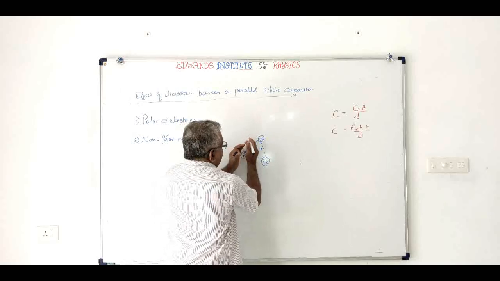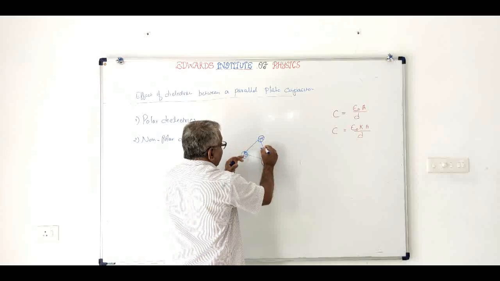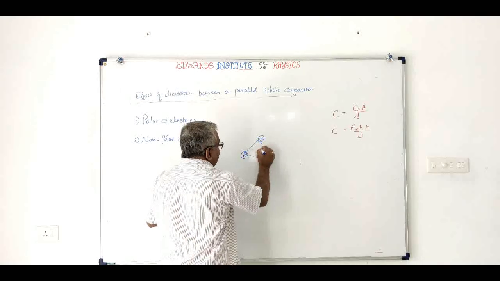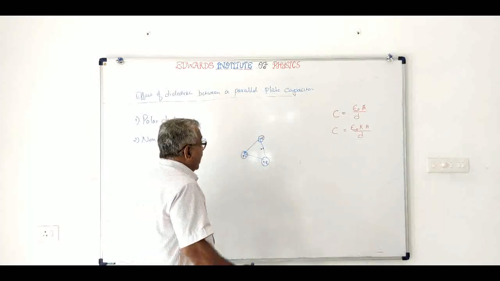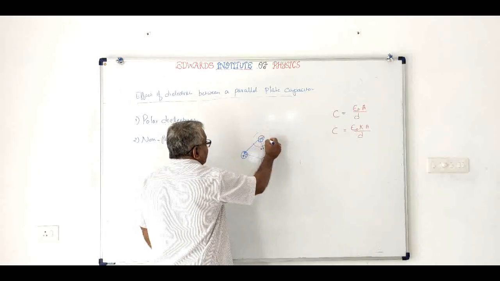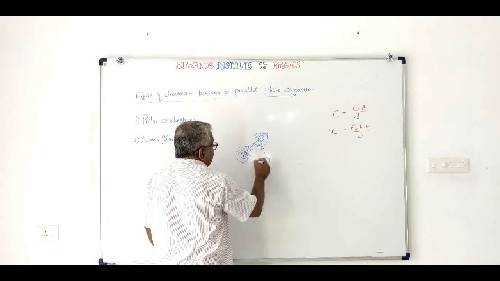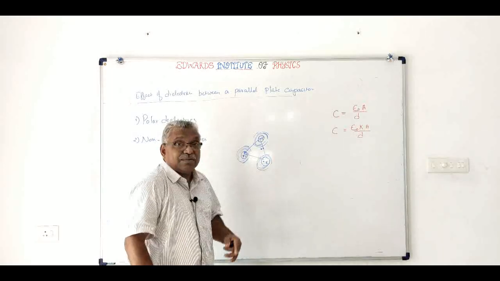If these were not there, the center of these two positive charges would be here. Since there is a small positive charge here, the center of the positive charge will be somewhere here. And there will be electrons around it, a cloud of electrons here, here and here, and electrons are negatively charged.